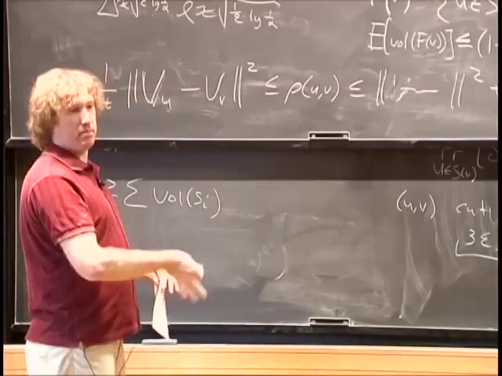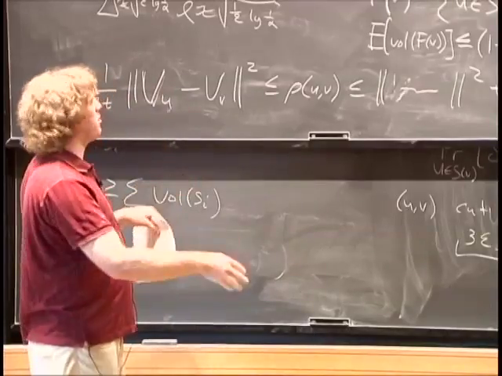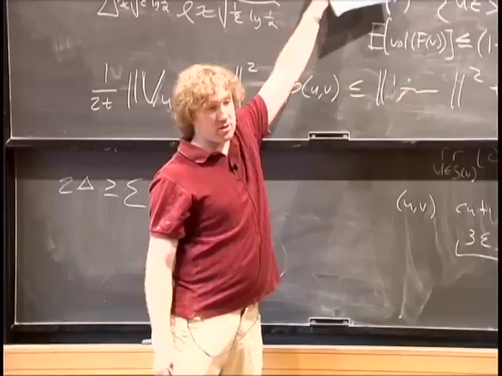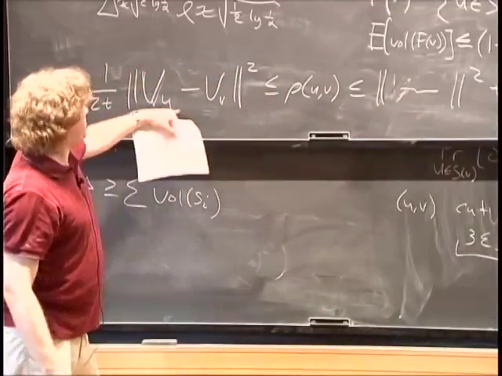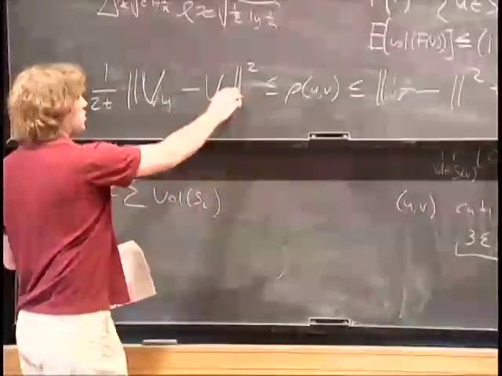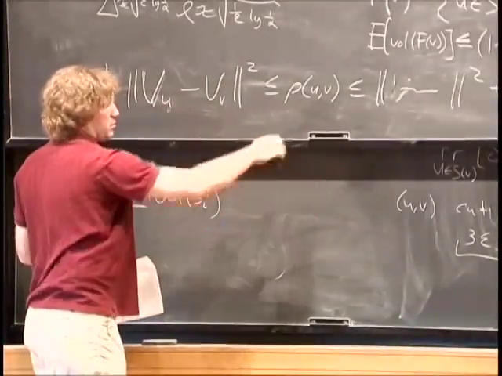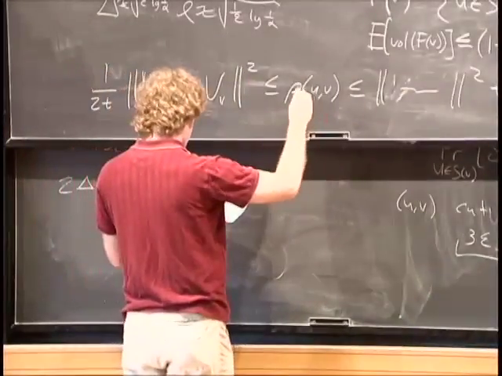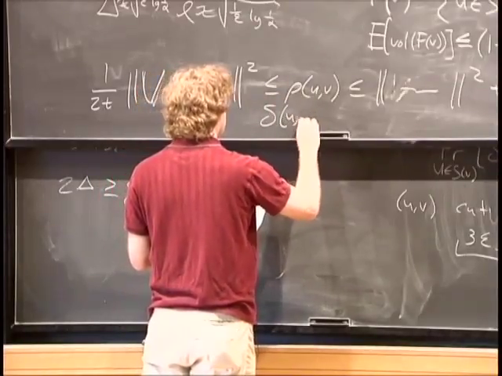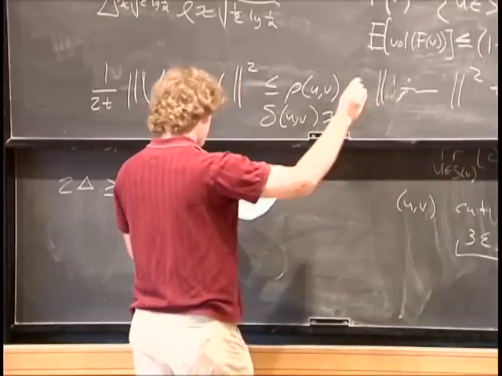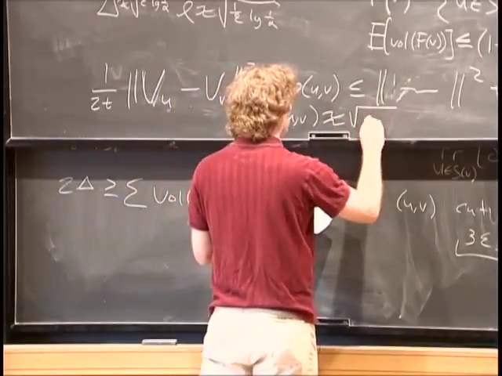We just cut them based on the hyperplane. That gives us our sets X. We do all this. And from this, because it's the square of these distances that are close to rho, we get that delta(u,v) is approximately square root of rho(u,v).